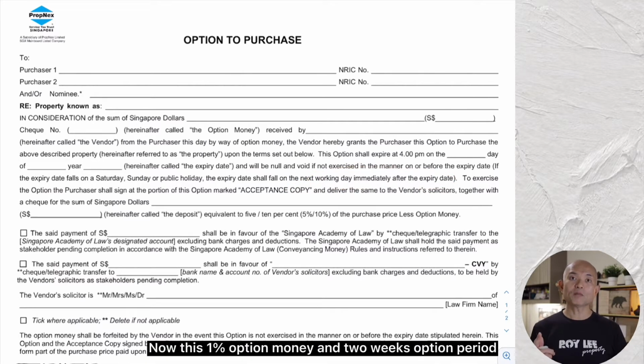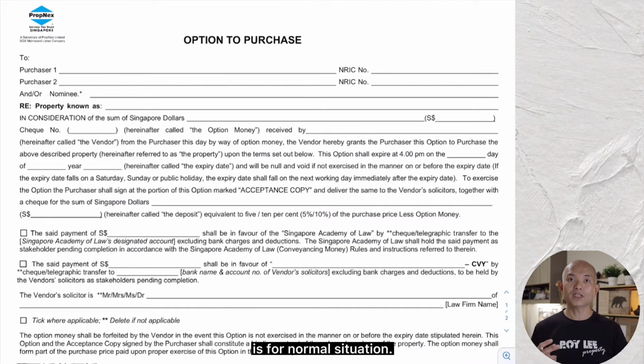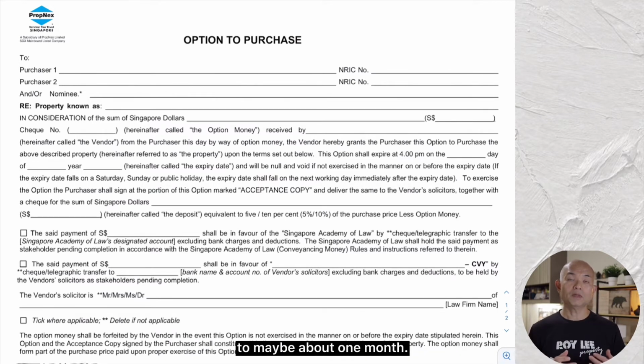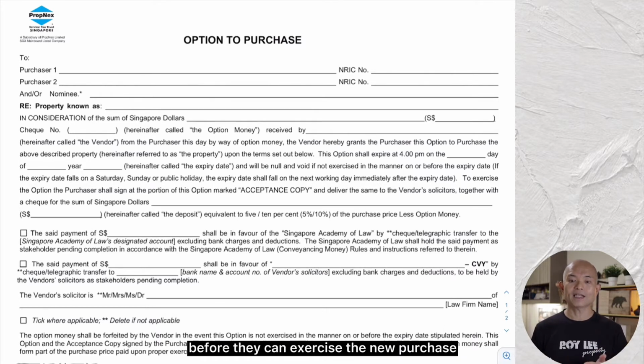Now this 1% option money and 2 weeks option period is for a normal situation, but there are cases where the buyer may be asking for a longer option period, maybe about 1 month. Some can ask for like 3 months or even 6 months or more. And typically why they ask for such a condition is because they may need to sell their current property, current house, before they can exercise the new purchase to avoid ABSD, additional buyer's stamp duty.